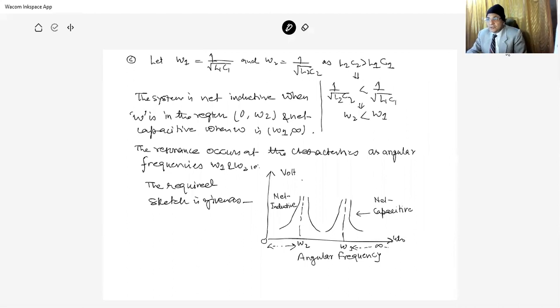heating effect. So the frequency omega 1 for low is 1 upon under root L1 C1, and omega 2 is 1 upon under root L2 C2. Now this condition is given: L2 C2 is greater than L1 C1. This implies 1 upon under root L2 C2 is less than 1 upon under root L1 C1.